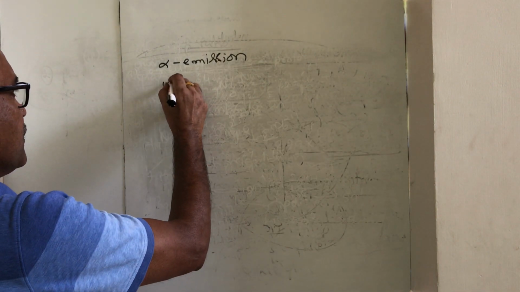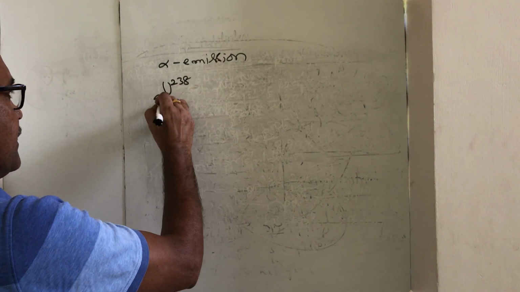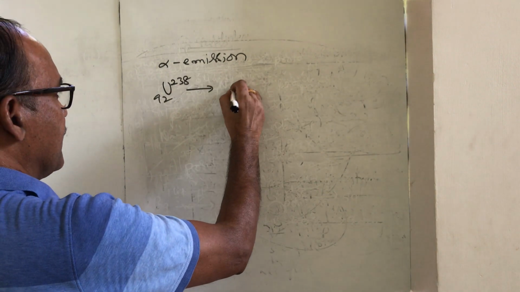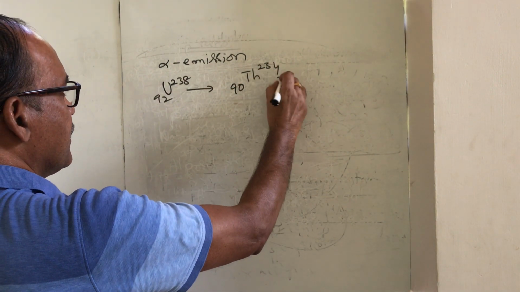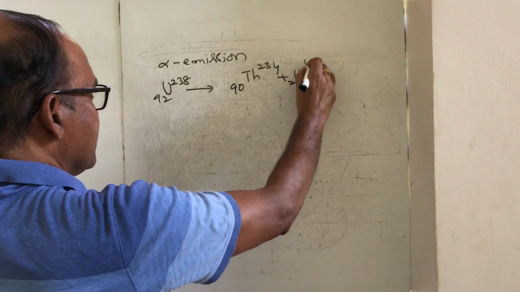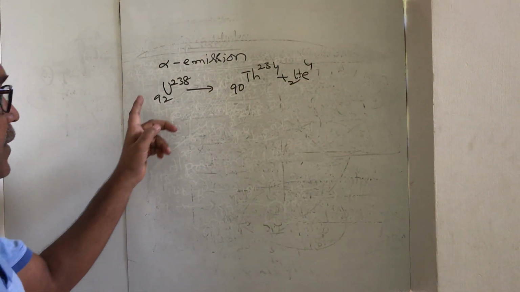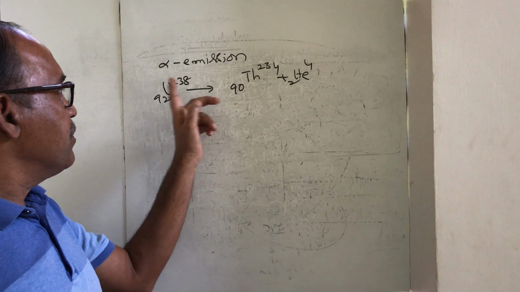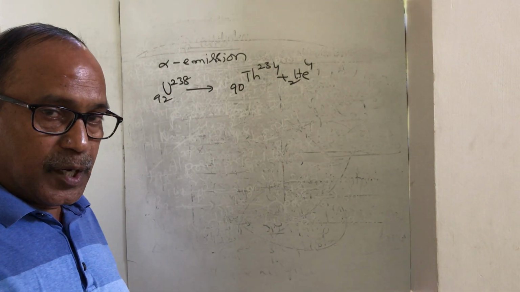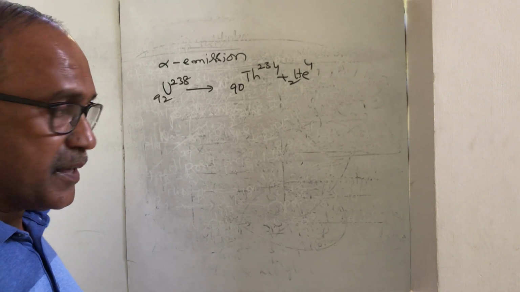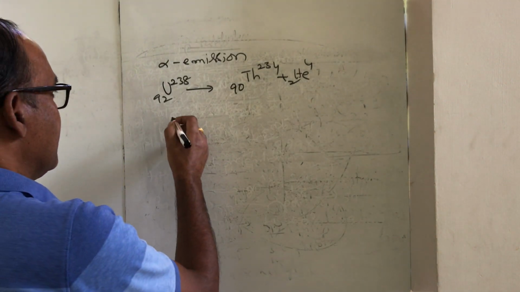Best example, as you know, uranium 238, 92, becomes thorium 90, 234, plus an alpha particle. As I explained earlier, the relationship between the parent and daughter nuclei is an isodiaphoric relationship, that is the equal difference between the neutron and proton, which I explained earlier.